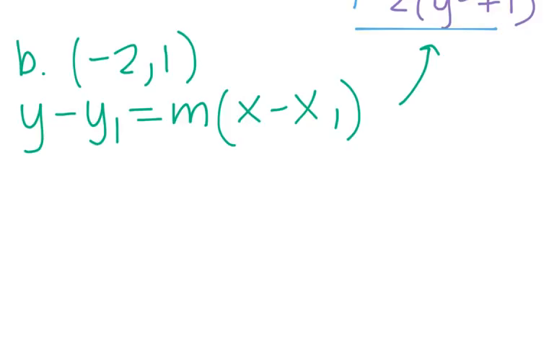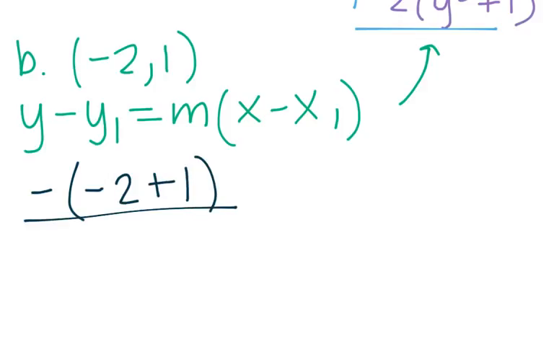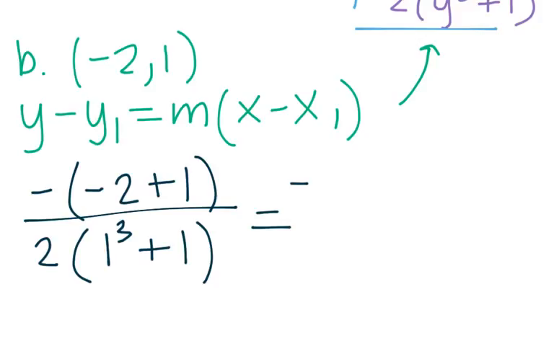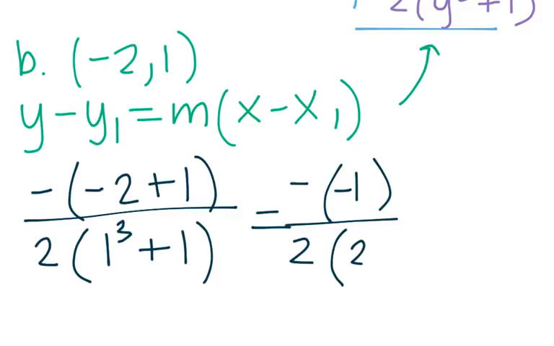So we do negative 2 plus 1 over 2 times 1 cubed plus 1, which then is negative 1 over 2 times 2, which is 1 over 4. That will be our slope.